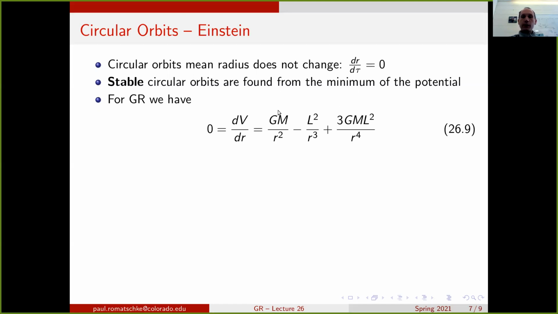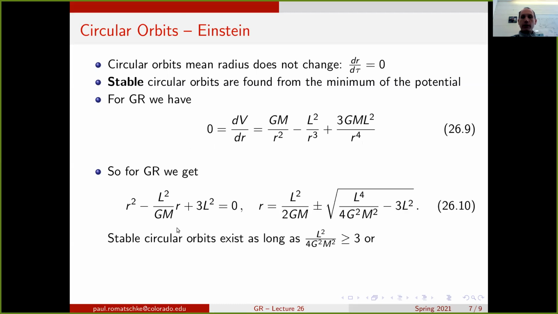If we set the sum of these three terms equal to 0, we can again solve for r. We find a quadratic equation for r. If we rewrite this equation, we can solve it. The solution is given by the following equation. There's a term in front, L squared over 2GM, and then we have a square root.